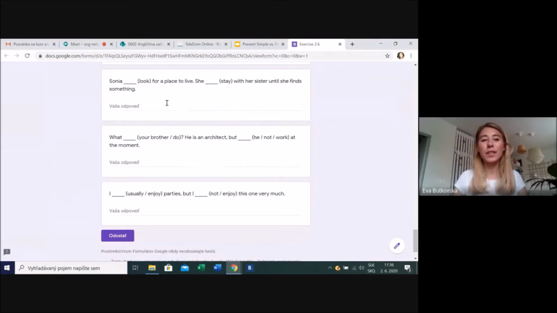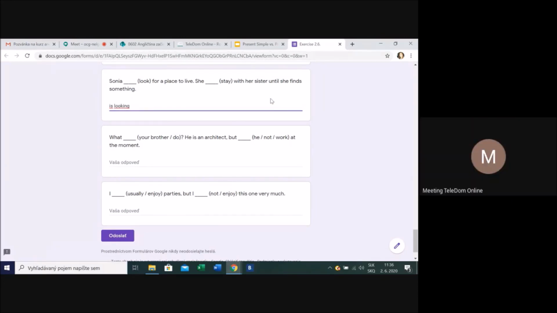So let's start with Sonia. Sonia is looking for a place to live, she is staying with her sister until she finds something. So at the moment, Sonia is looking for a place to live.